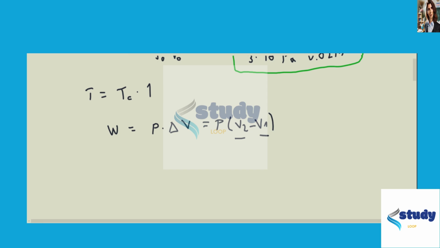So here, the final answer for this part of the problem, part A, is that T equals T0, and that the work done will be expressed by this formula right here.